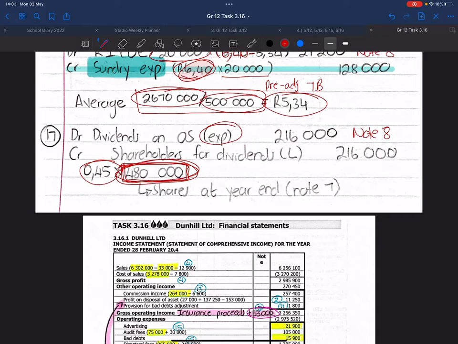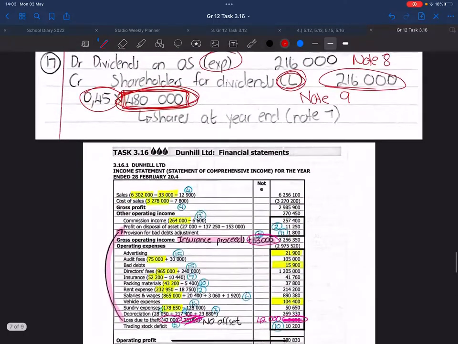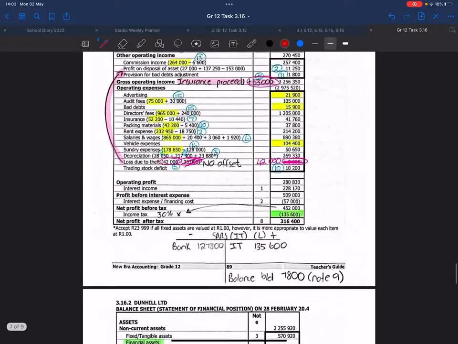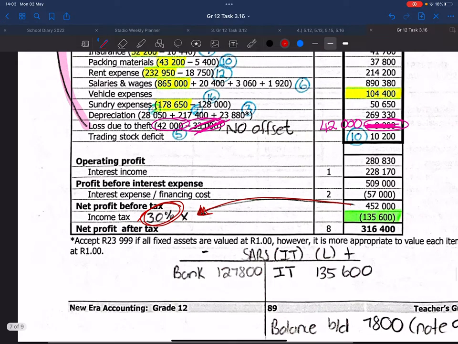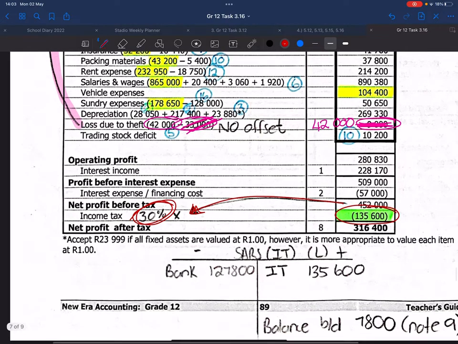And then you credit shareholders for dividends liability, which is note number 9, trade and other payables, because we still owe the shareholders these dividends. Then they told us that the income tax is 30%, so you just take your net profit before tax times 30% to get your income tax amount.